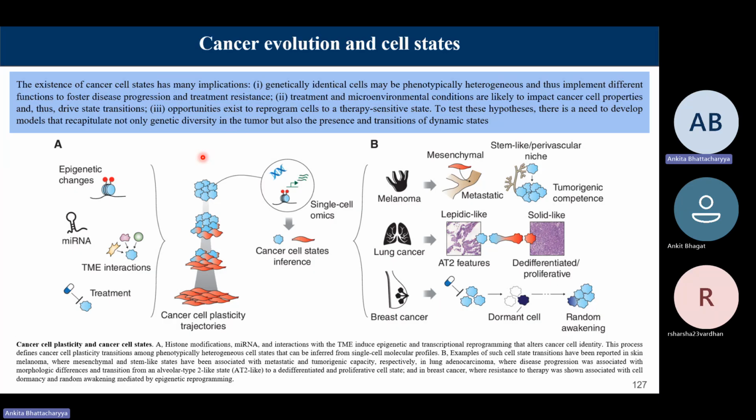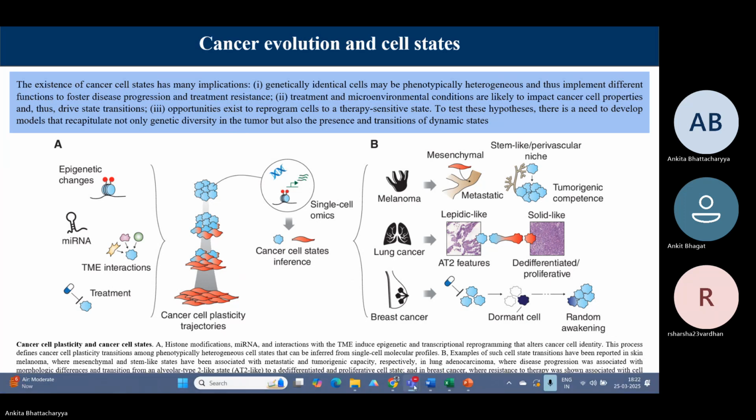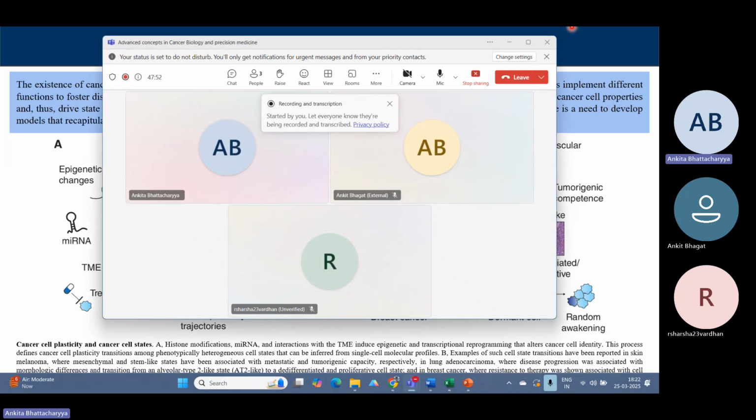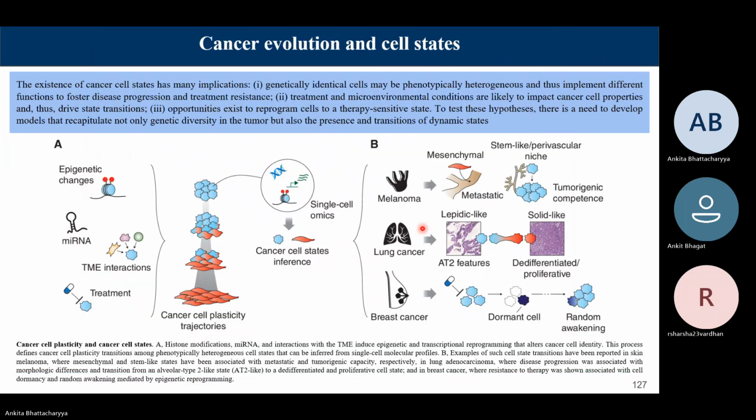So, what does this basically mean? What you can see are different modifications that are undergone by these cells. What does that entail? That entails epigenetic changes, like for example, modifications within the histone. Second, some modifications within the microRNA, and interactions with the tumor microenvironment.